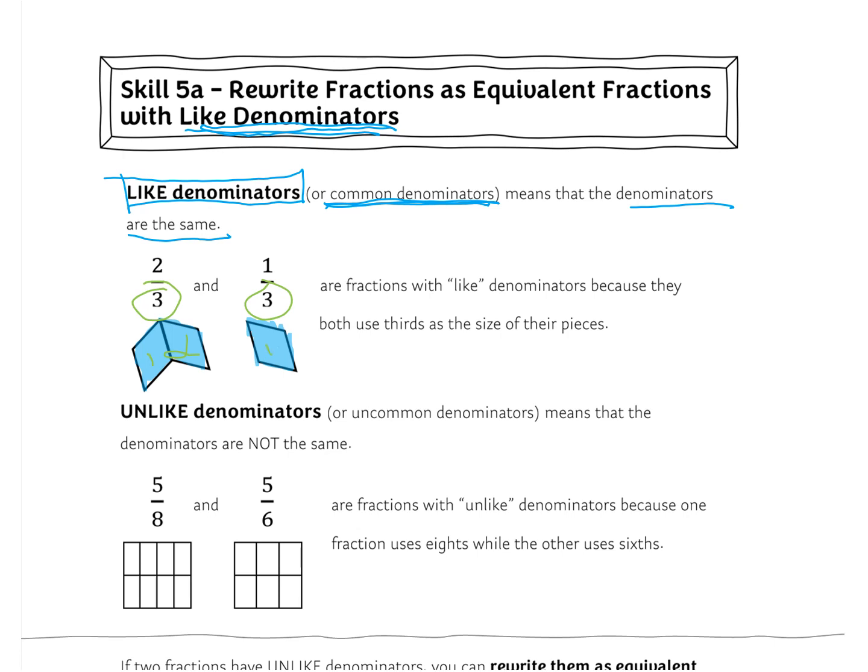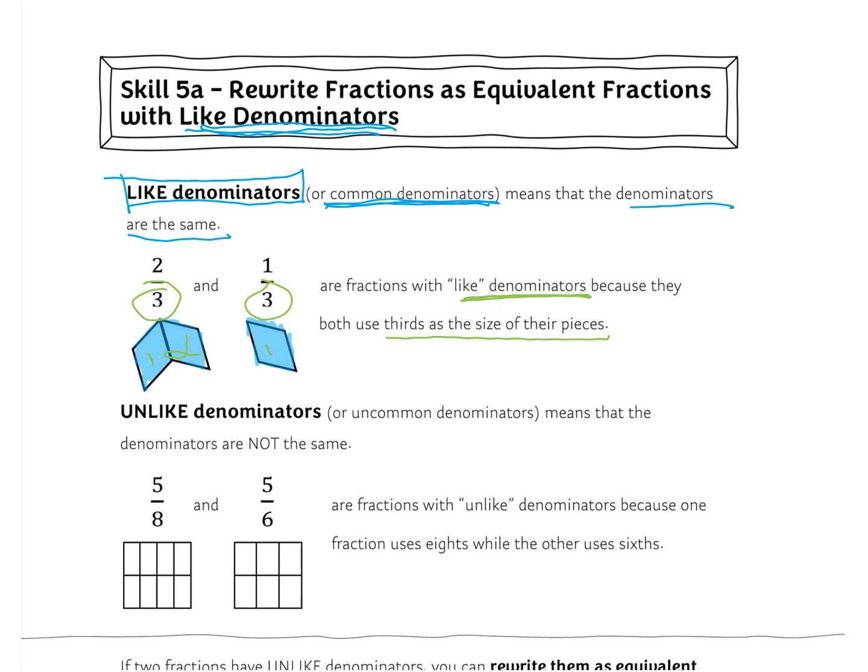So they're not equivalent values, but they're both made using the same pieces. So 2/3 and 1/3 are fractions with like denominators because they both use thirds as the size of their pieces. The cool thing about having like denominators is it makes it real easy to compare fractions and to put them together or take them apart.